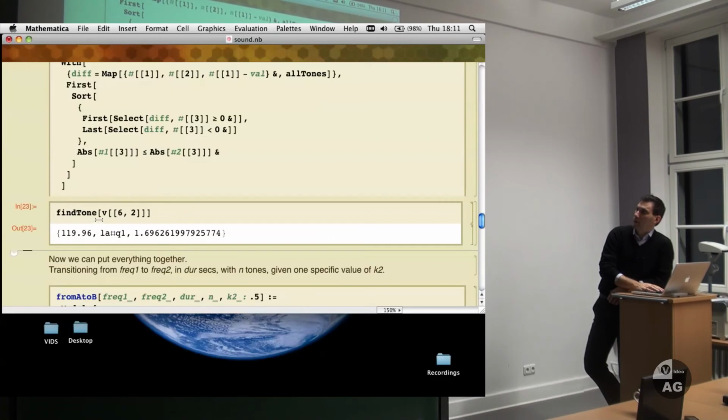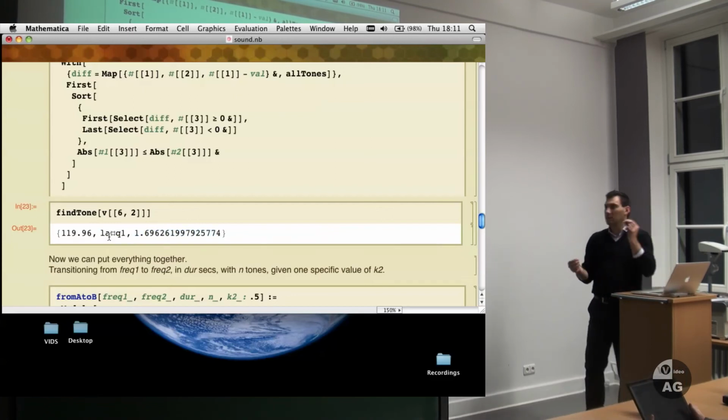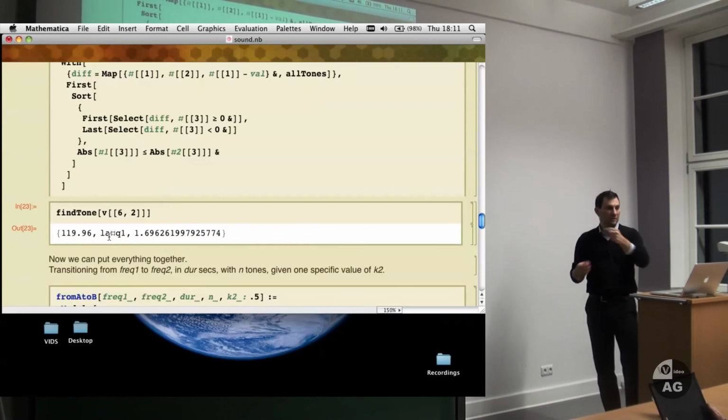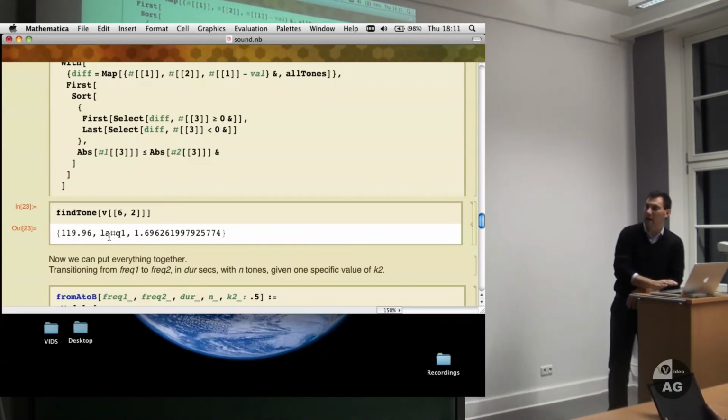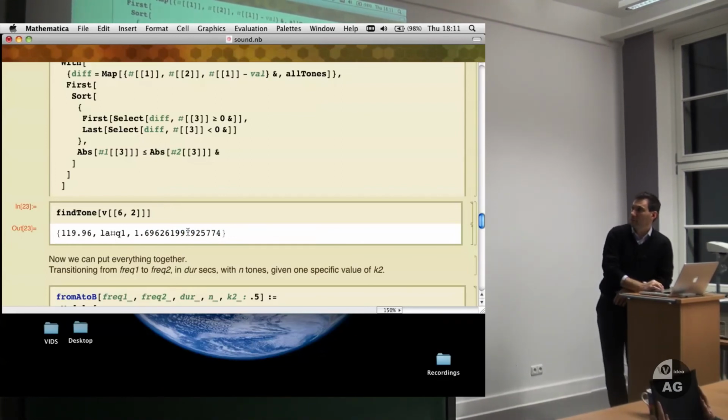So I say, okay, this is the frequency that I have to play. It corresponds to this tone here, and this is the distance between the analytical point that doesn't have a tone and the actual existing tone.